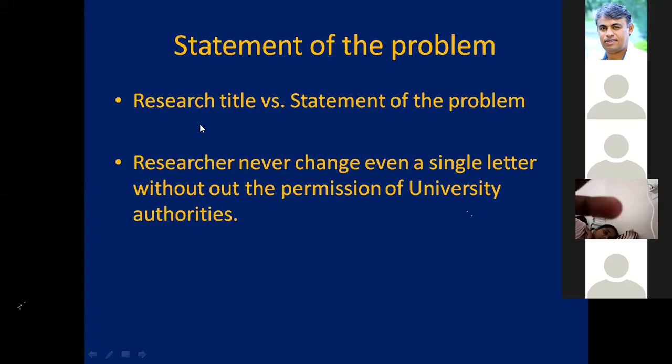After you have received it, if you want to change something in your title, even a comma or grammatical things, you have to approach the research and recognition committee. Otherwise, your thesis will not be accepted by the postgraduate section of this university.